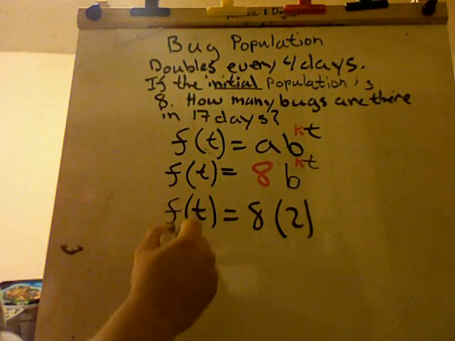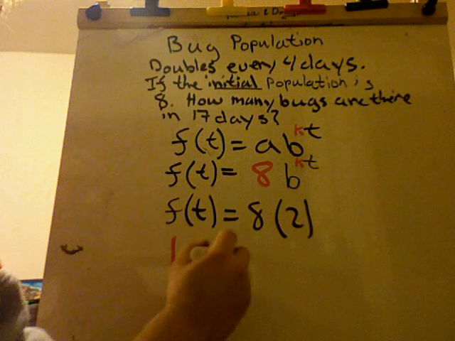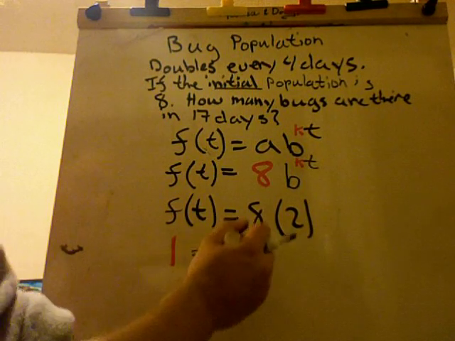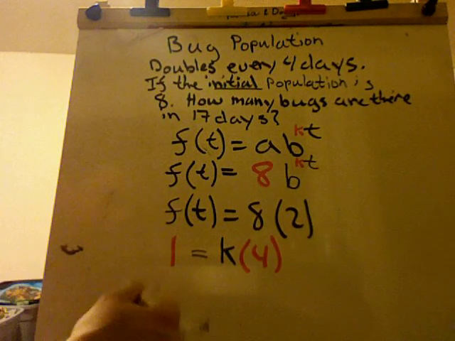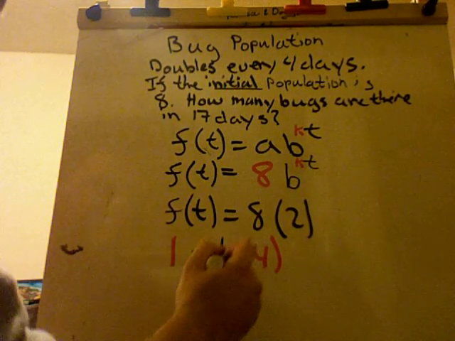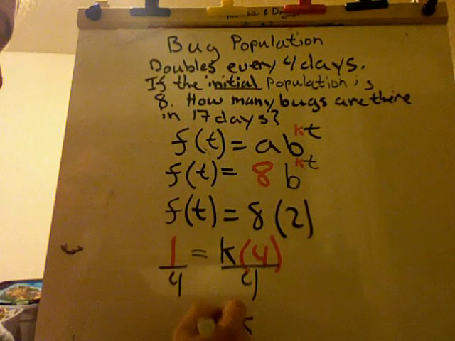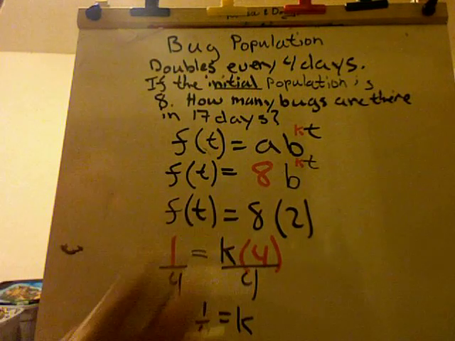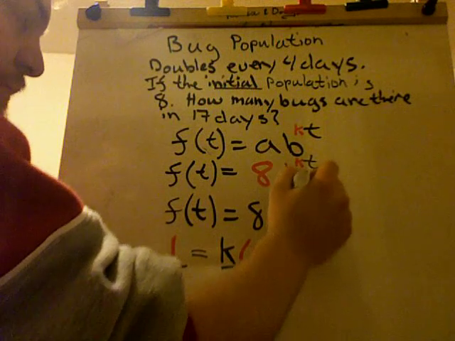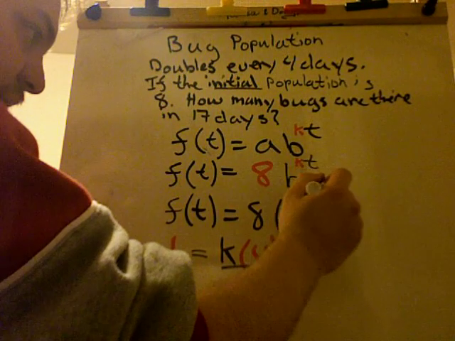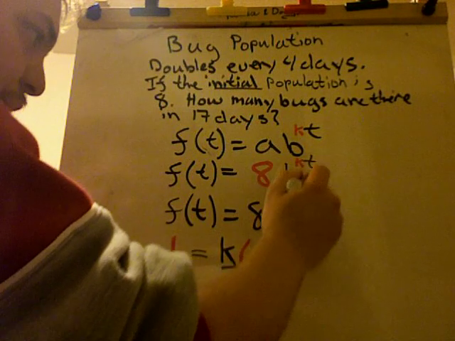So I'm going to have that equal to my constant times the time it takes for one doubling effect, which is a 4. So I can figure out what that constant is by just solving for it. So k equals 1/4. So I'm going to put a 1/4 in here, but it's 1/4 times t, so it's just going to be t over 4.